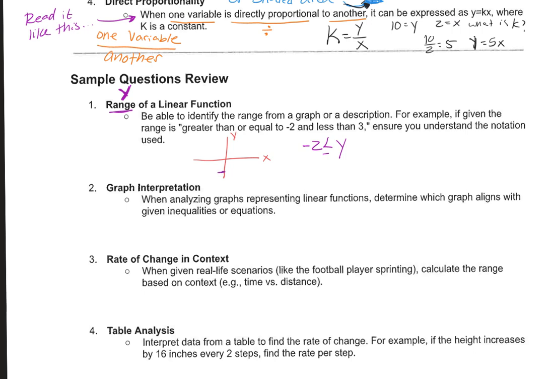All the way down here at -2, I would have a closed circle because it's or equal to. And then y is less than 3. So up here at 3, I would have an open circle, and I would shade everything in between that.